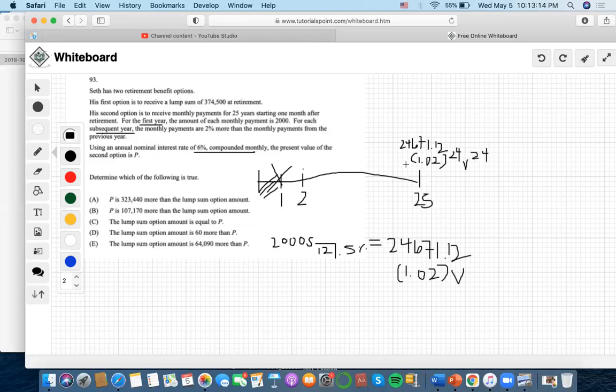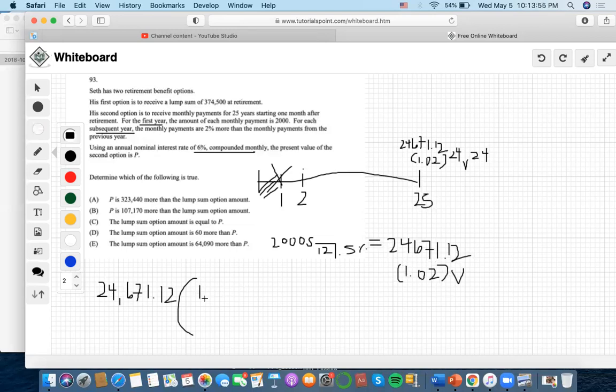Now this seems as if we need to use the geometric progression formula to solve for the present value. So what we're going to do is that we know that each of these time frames has the common amount of 24,671.12 times the first term. Well, what is the first term? We know that the first term, building off from the accumulation, would be a growth rate of 1.02 times v.